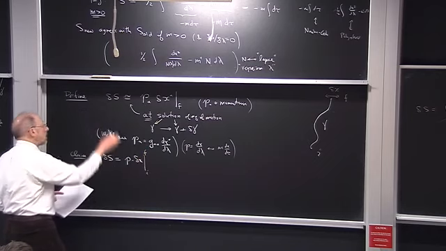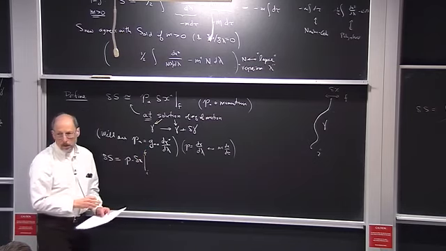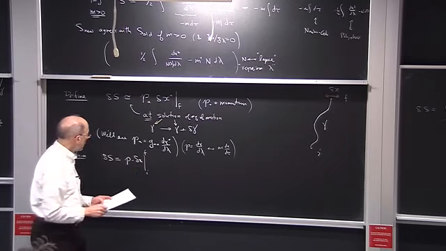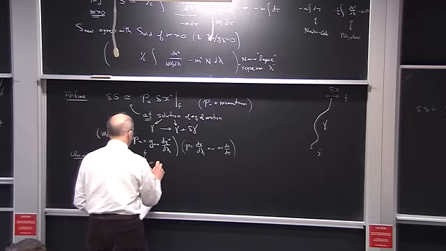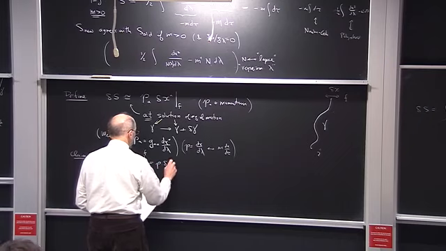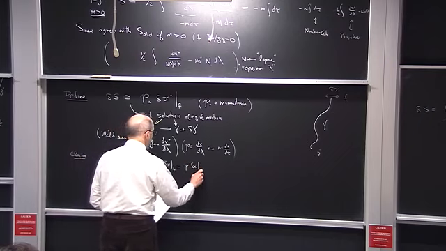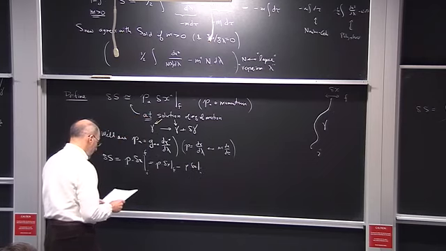It's that same term, but another term comes from the variation of the initial endpoint, which is just the same thing with the minus sign. So in other words, it's p dot dx final minus p dot dx initial.